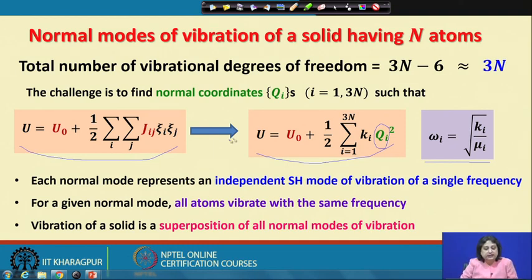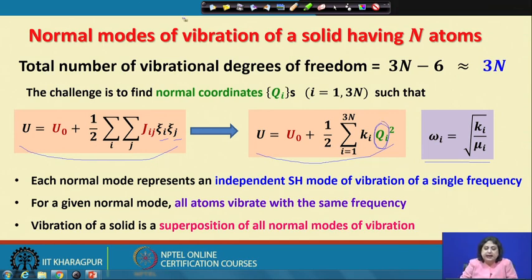Please try to understand that here these are the atomic displacements which are coupled to each other in the solid, and here the q_i are some functions of these ξ_i and ξ_j, defined such that these combinations q_1, q_2, q_3, these vibrational modes, behave independently of each other.